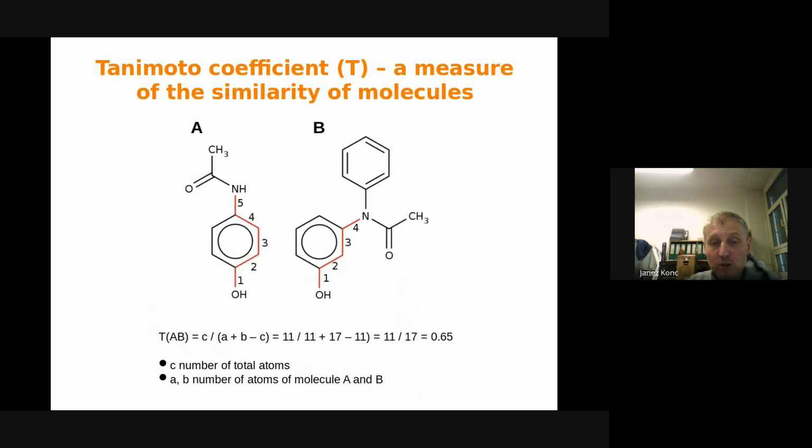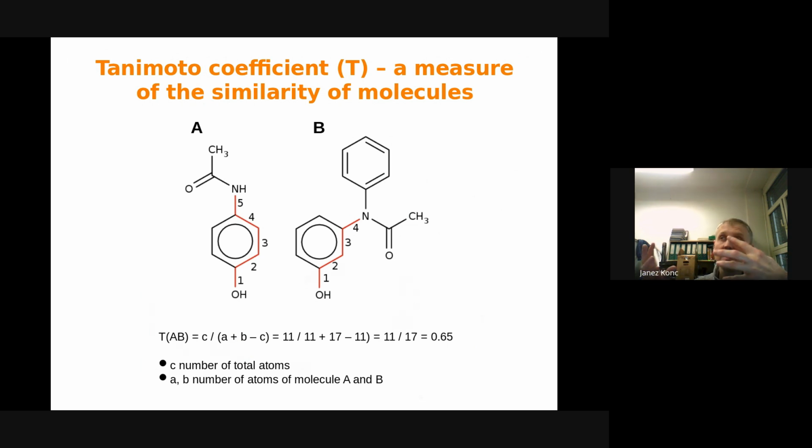So similarity between your reference molecule and database molecules is measured using the Tanimoto coefficient. Maybe you've heard of the Jaccard index or Tanimoto coefficient; it's a very simple measure of the similarity between two molecules. If the Tanimoto coefficient is equal to 1, the small molecules are the same.